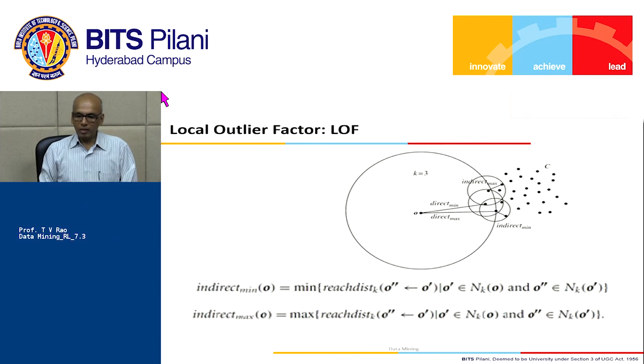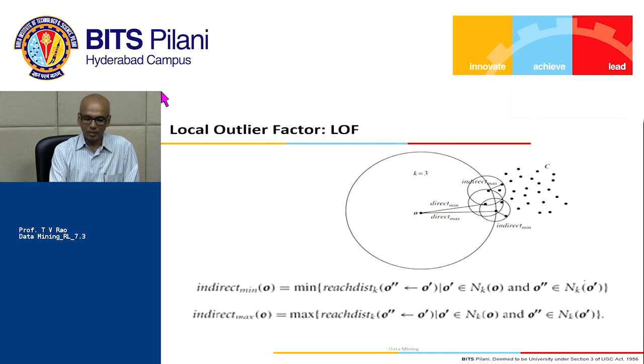Now let's say we also have the indirect minimum distance, which represents going into the neighborhoods within the reachability distance of O prime, where O prime belongs to the nearest neighborhood of the reference object, and O double prime belongs to the nearest neighborhood of O prime.